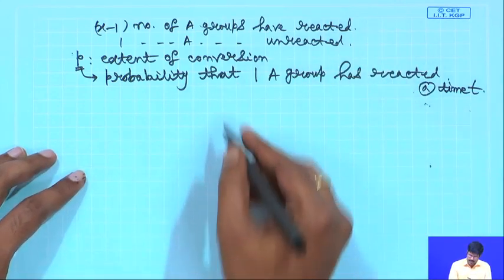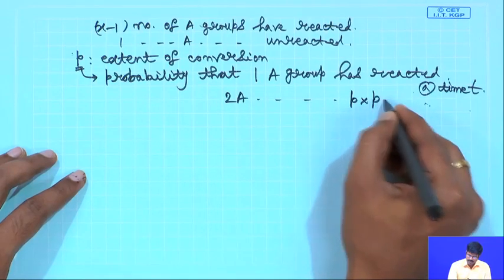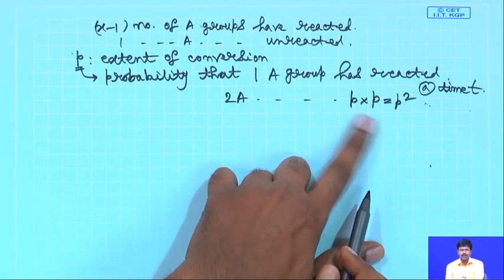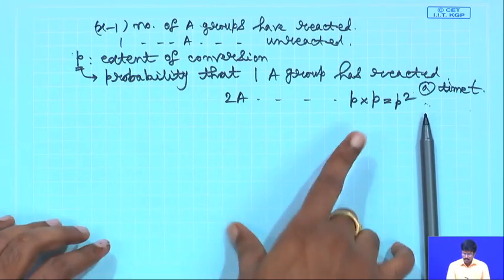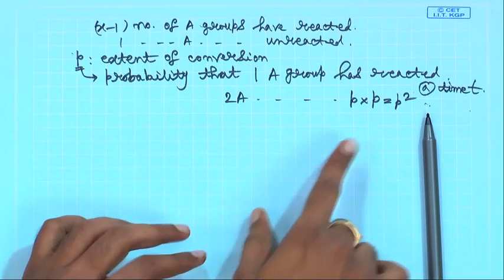What is the probability that 2 A groups have reacted at time t? That is P into P, equal to P square. Why is it P into P and not P plus P? It is P into P because these events are independent of each other, since the reactivity of one functional group does not change when the other functional group has reacted.